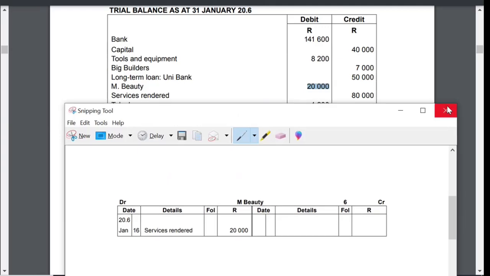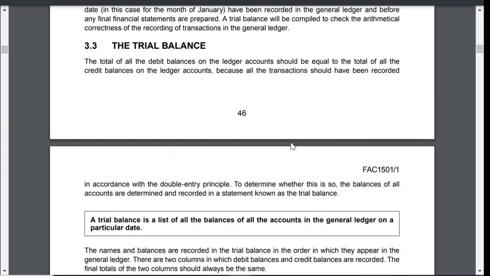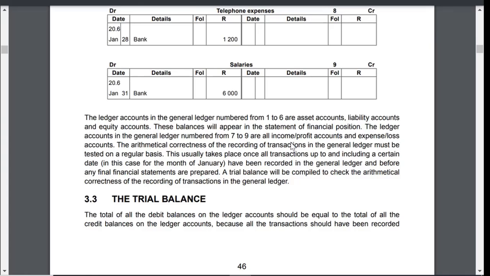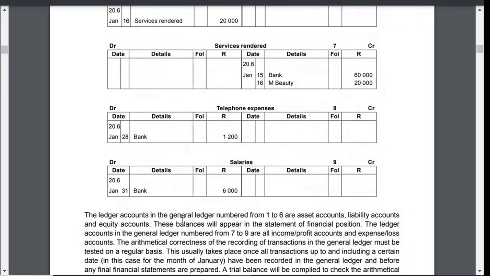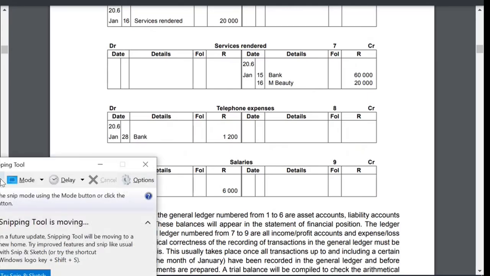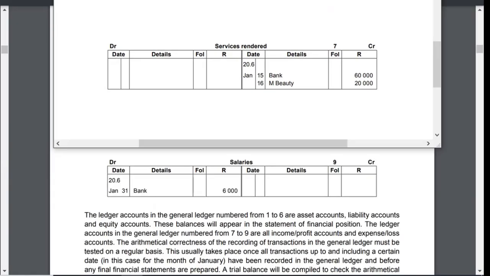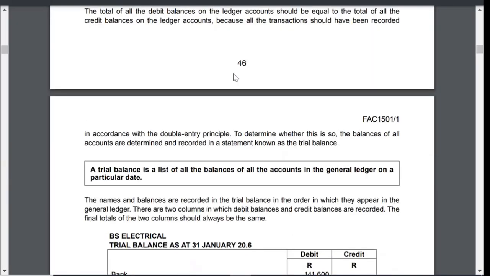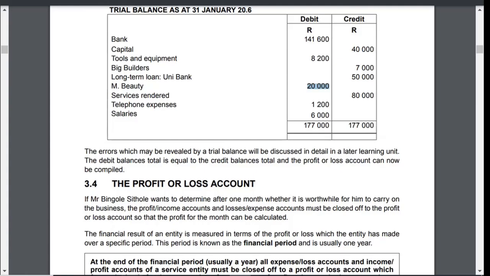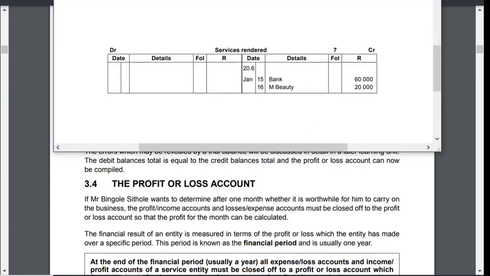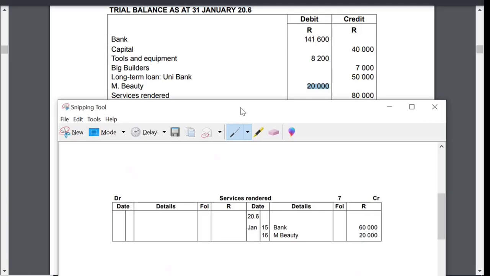Okay, let's look at the service rendered of 80,000. There was 60,000 for cash and 20,000 on credit. Can you see what makes up that 80,000?